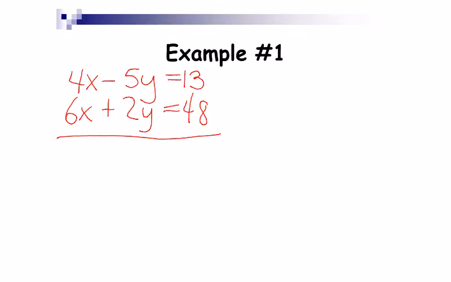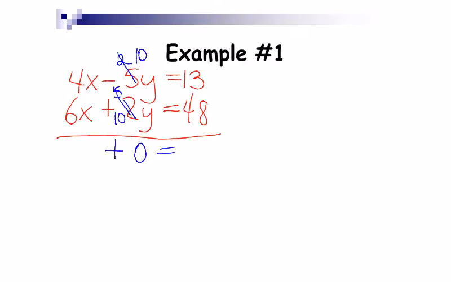If I multiply the 5 by 2, that'll make it 10. If I multiply the 2 by 5, that'll make it 10. So a negative 10 and a positive 10 will make 0, so the y will be gone.